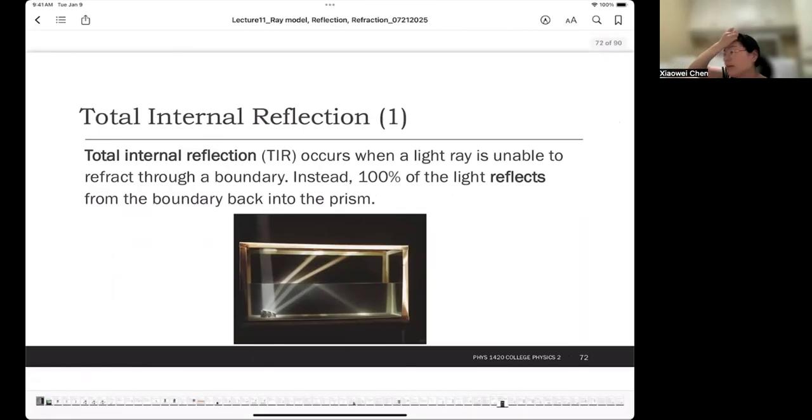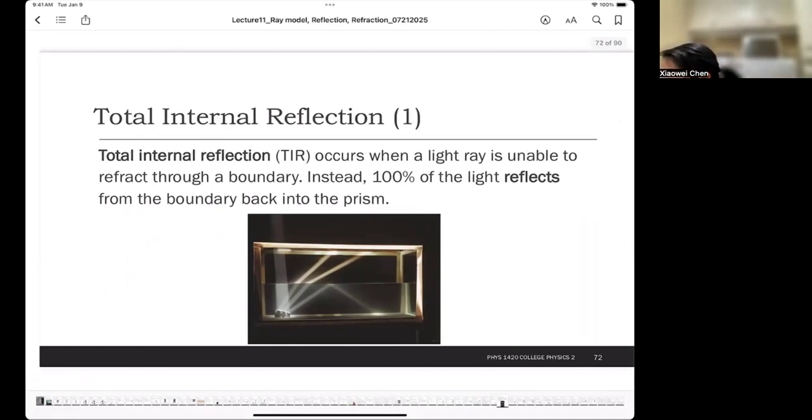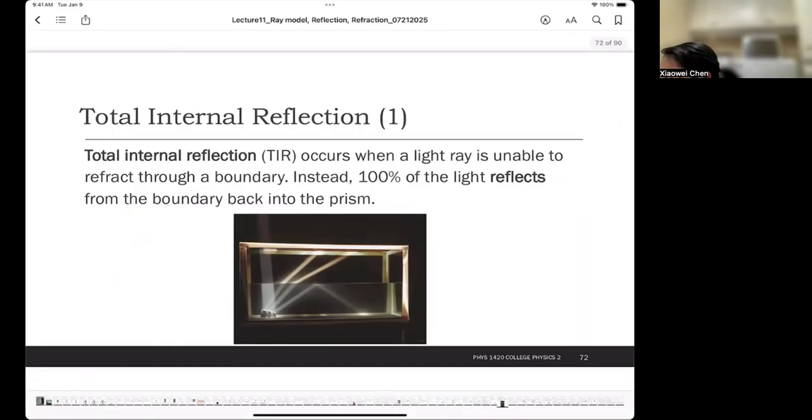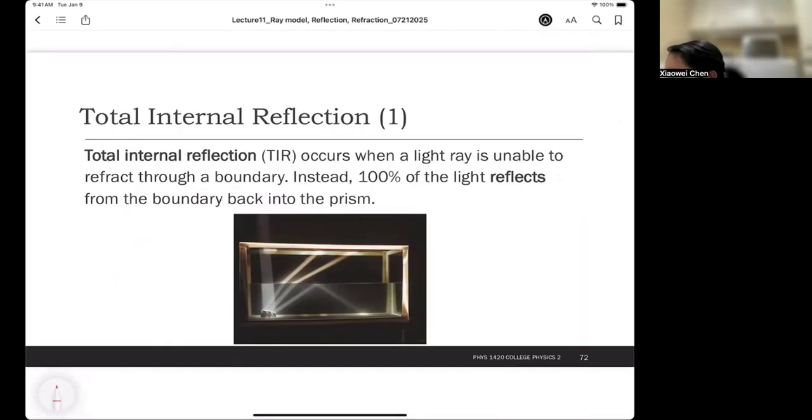Okay, let's talk about one more topic: total internal reflection, TIR for short. What is total internal reflection? It occurs when a light ray is unable to refract through a boundary. Instead, 100% of the light reflects from the boundary back into the original material.